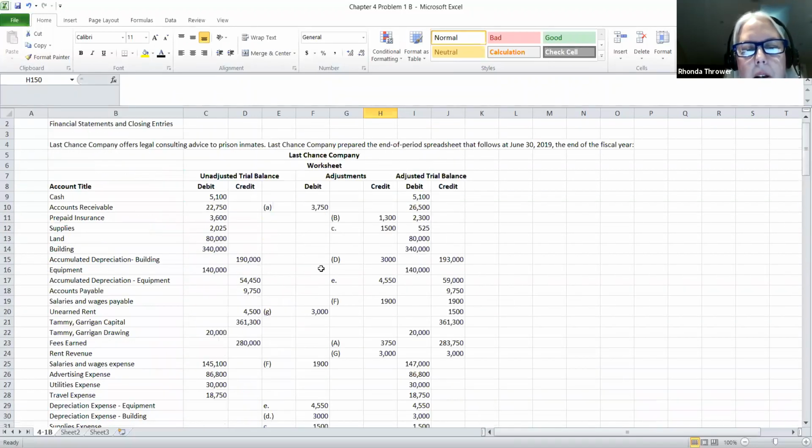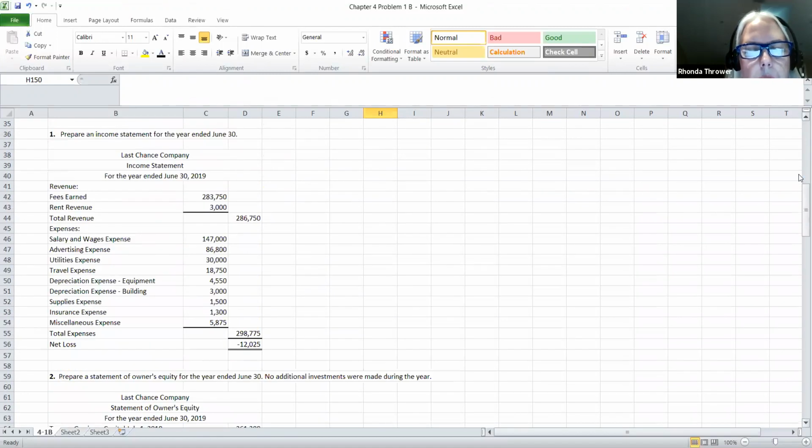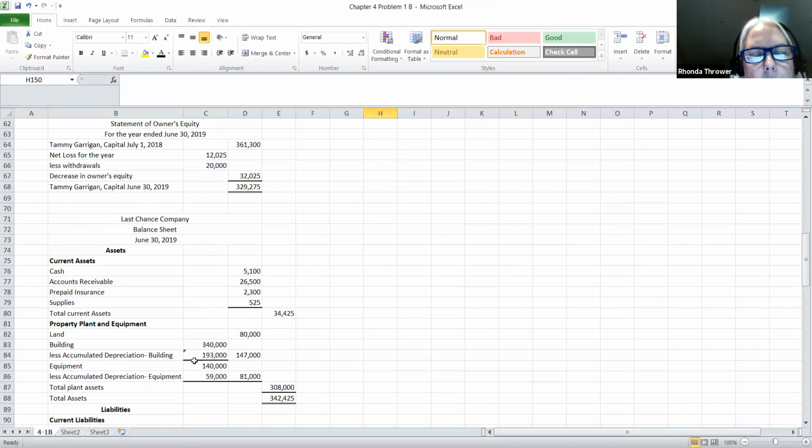That's where I'm getting that amount. Notice I put a dividing line here showing that we're going to subtract $193,000 from the cost of the building. What's left over is $147,000 that we refer to as the book value of the building account.